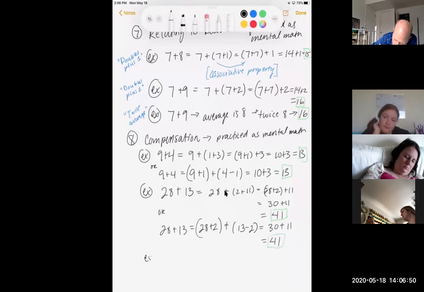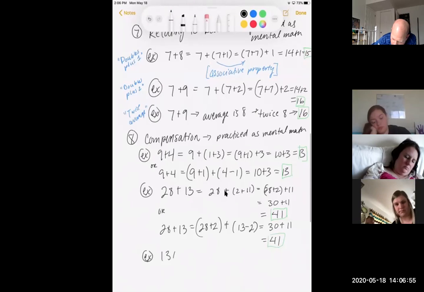One more example with this one, with 3 digits, 138 plus 370. You can do compensation with tens places as well, not just the ones place. So what I really want to do is add 30 to the 70 right here, so I can make it an even 400.